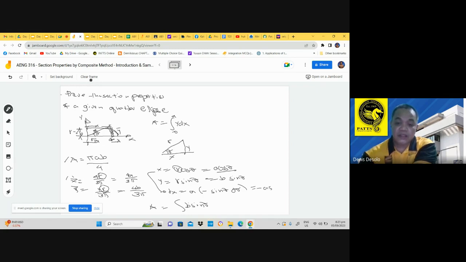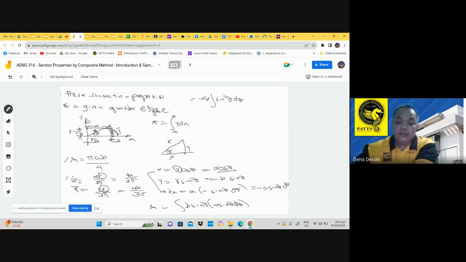That's negative a sine theta differential theta. Then we simplify. Obviously, we have to write the constants together with the negative sign outside the integral sign. Negative ab. Sine times sine, we have sine squared theta.